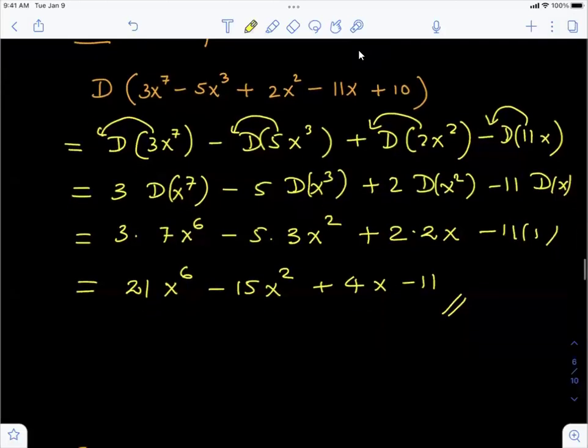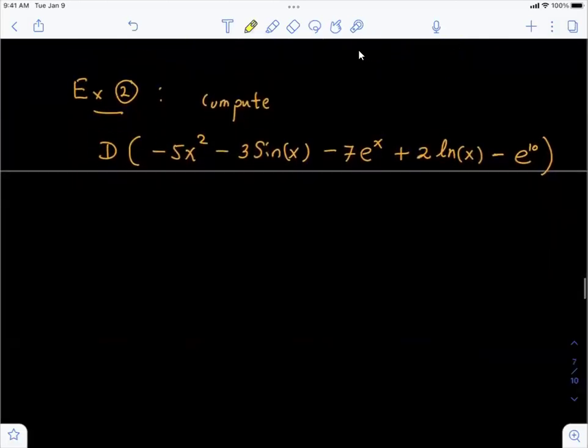So example number 2. Compute the derivative. Now here we have some other functions. No panic, just do the same. Negative 5, I have that constant, right? It is just like a constant, together with now x squared. The derivative of x squared, I know, is 2 times x. And minus 3 times the derivative of sine x, which is cosine x.